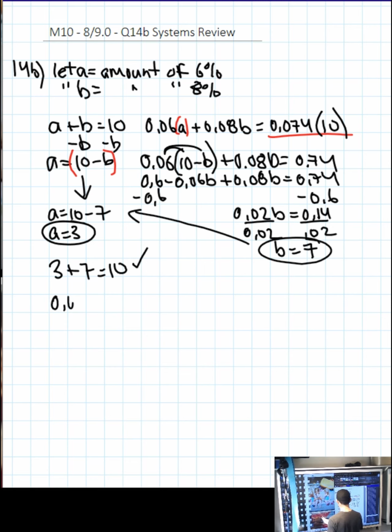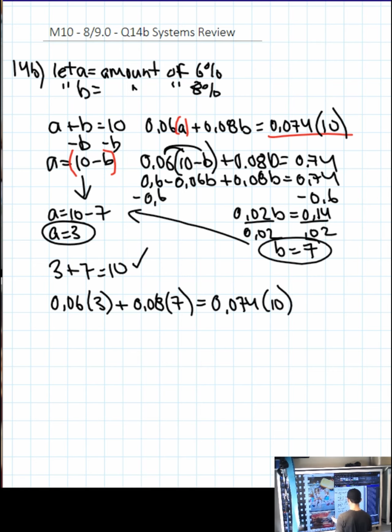So 0.06 times 3 plus 0.08 times 7 must equal 0.074 times 10. So on the left-hand side, if we type into our calculator, we're going to get 0.06 times 3 plus 0.08 times 7. The left-hand side is 0.74, and the right-hand side is also 0.74. We know we've done it correctly.